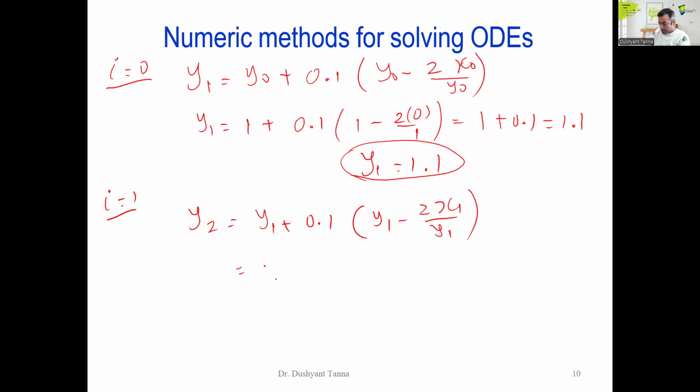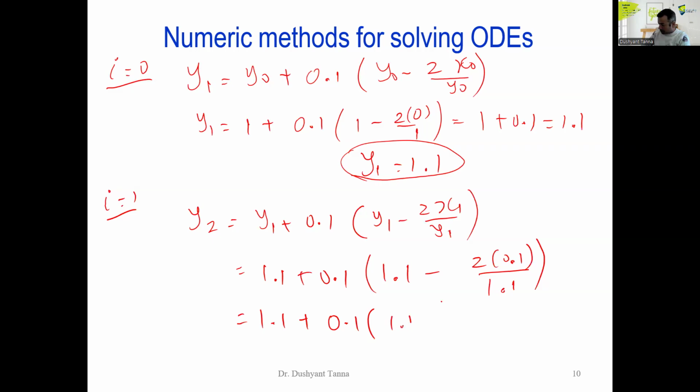We replace all the values: y1, which is 1.1, plus 0.1 times (1.1 minus 2 times 0.1 over 1.1).